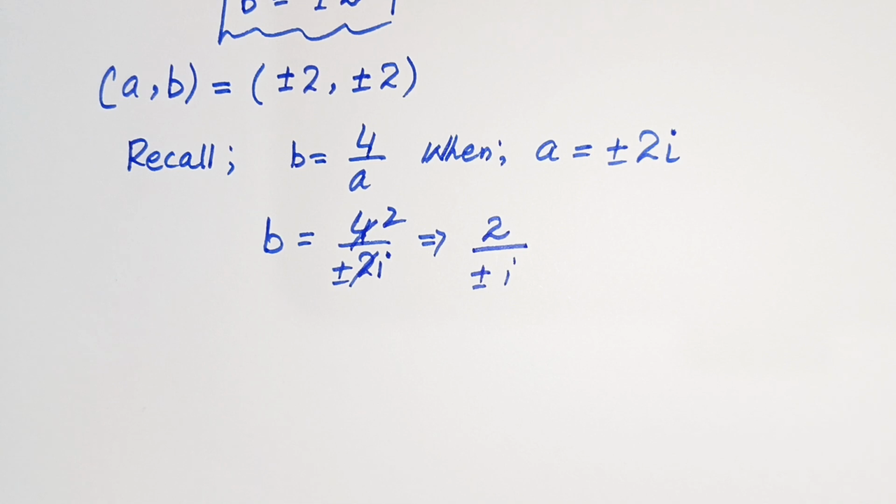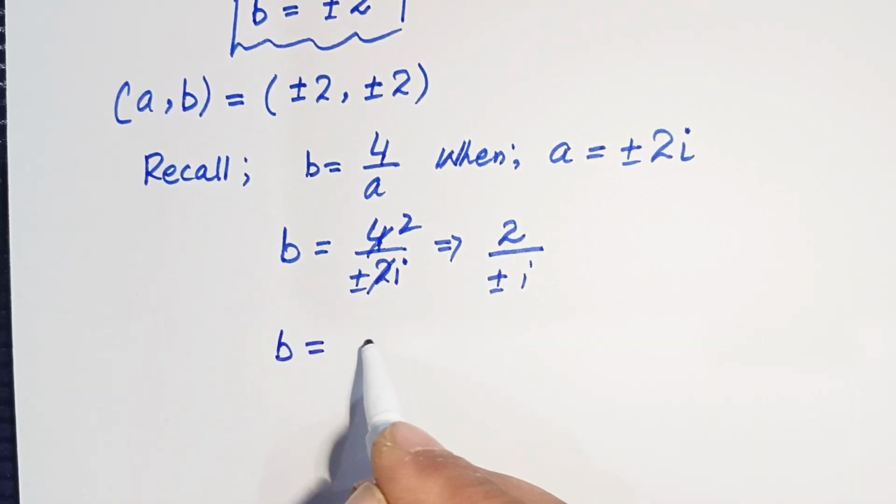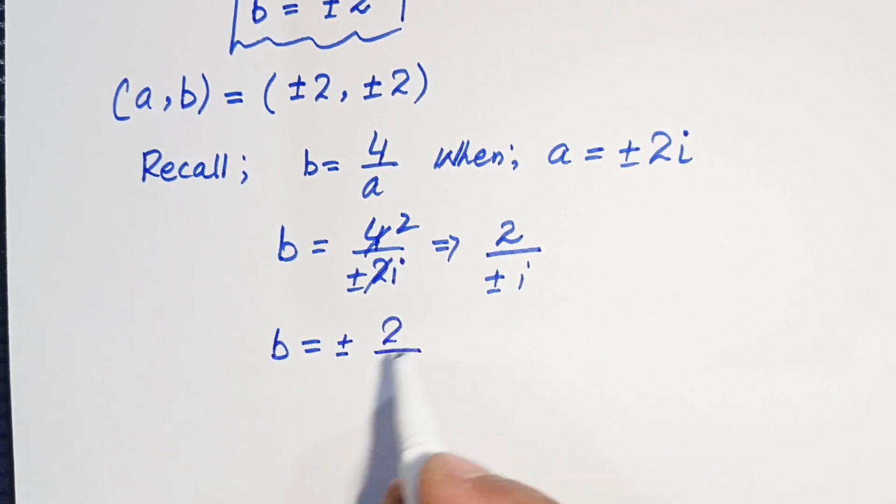Now b is equal to this, plus minus 2 over i.